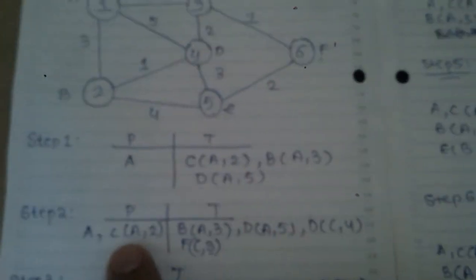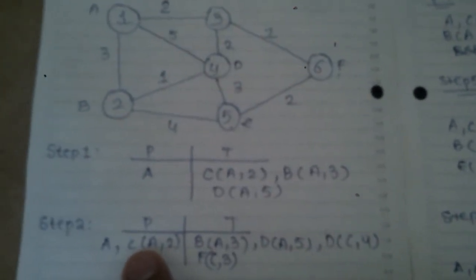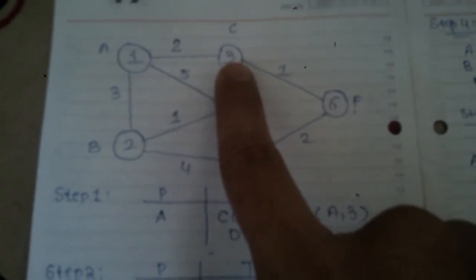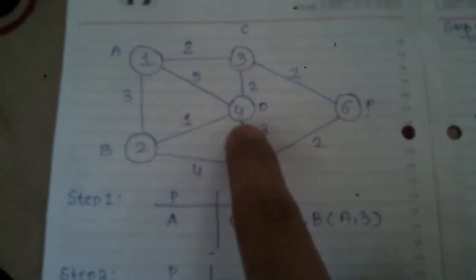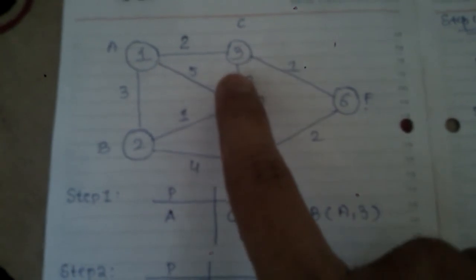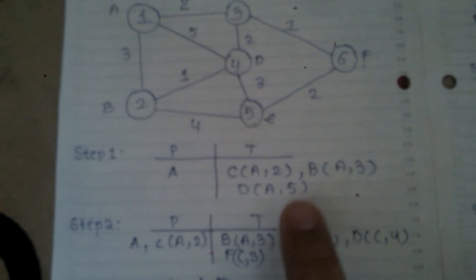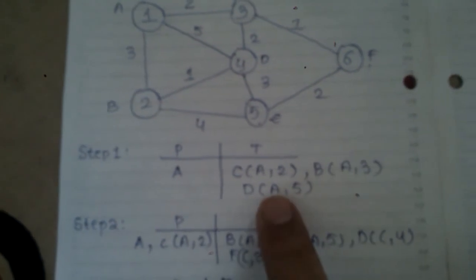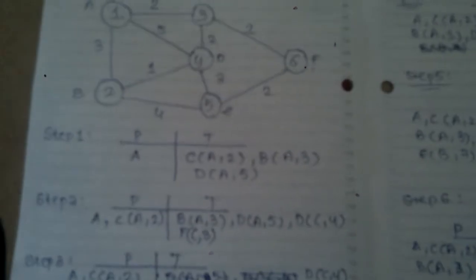So it is selected, and then we will find the shortest path along the node C. From C, the path towards A via D is D, C, 4, and the previous inputs are B, A, 3 and D, A, 5, as it is directly connected. So here you can see D, C, 4, and F is the next path, so F, C, 3 is given.